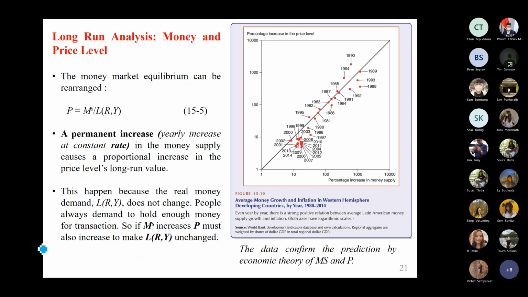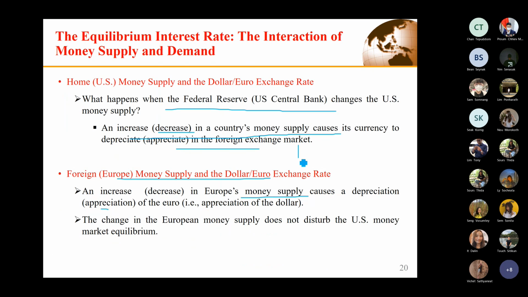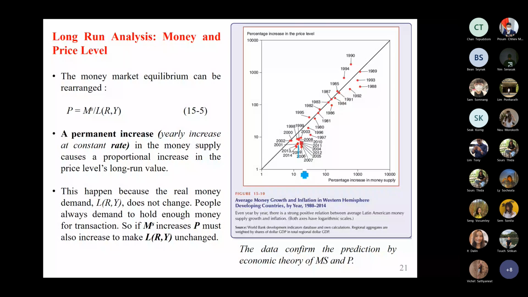Each dot represents the relationship. For example, in the year 2009, the money supply increased by more than 10%, and the rate of price increase, the CPI, is here.